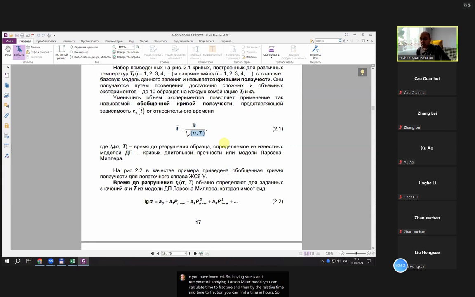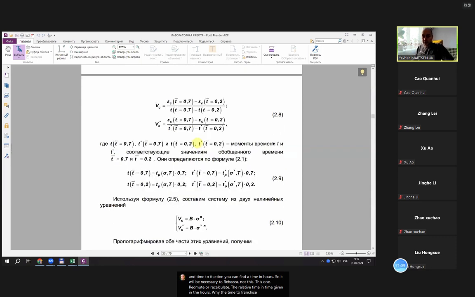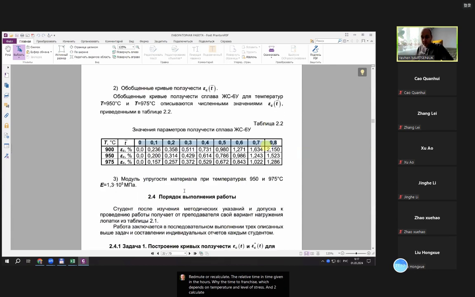So it will be necessary to recalculate the relative time into hours by the time to fracture, which depends on temperature and level of stress. And to calculate time to fracture, you should use this Larson-Miller model.